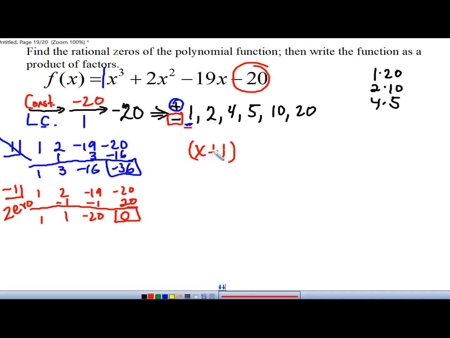Yes, because on our practice, in order to start synthetic division, we set it equal to 0 and solve, and that's what we got, yes? We're going backwards, okay? And what's the trinomial that we have left over here? Oh, we have x squared plus 1x minus 20. That is this. Copy that, please.